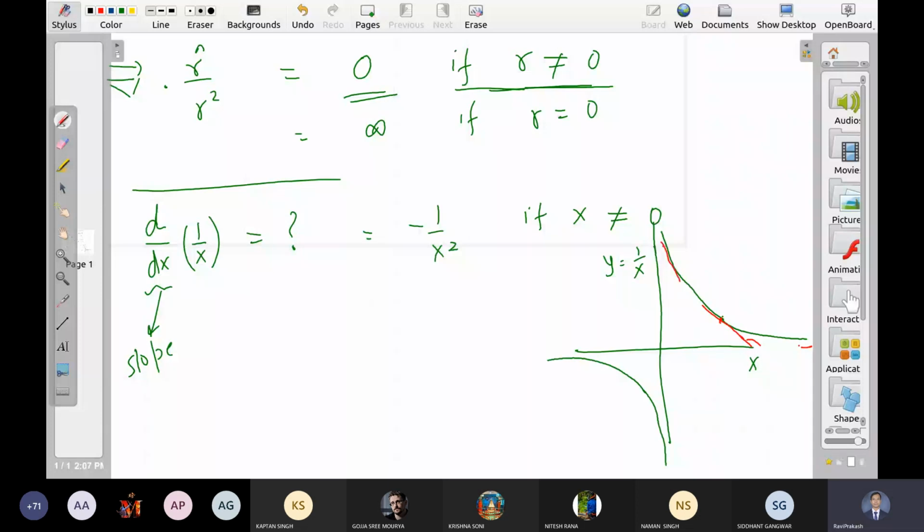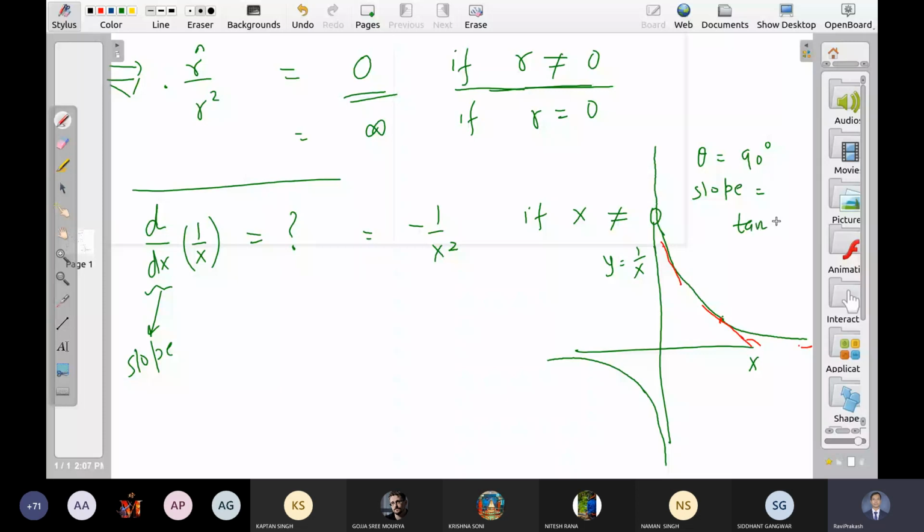When you are at x is equal to 0, the curve is like this. It is parallel to y axis, right? What is the slope when x is equal to 0? Slope is equal to what?